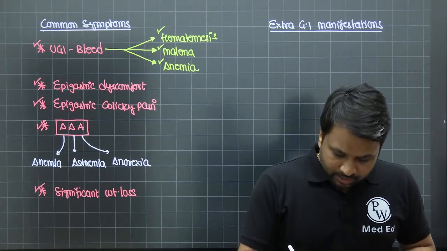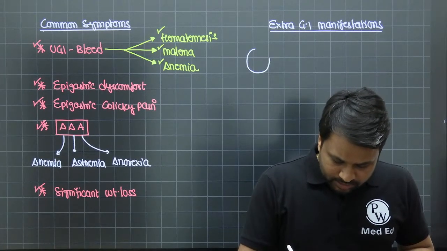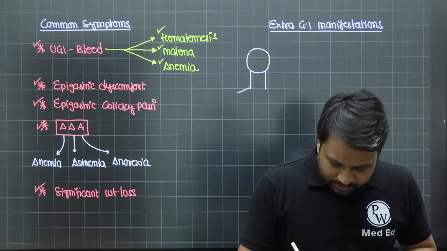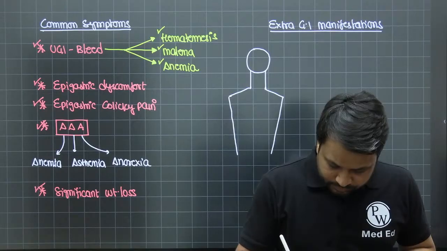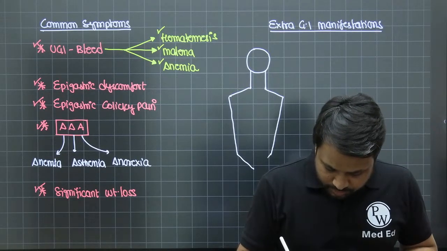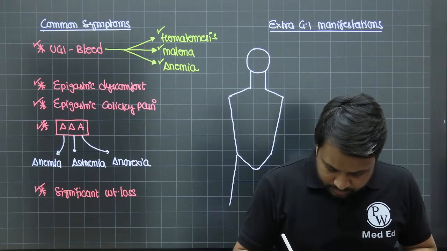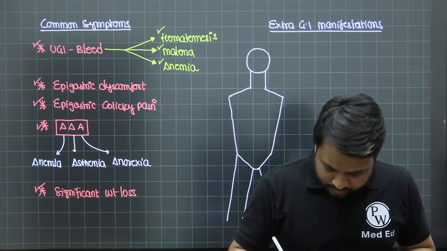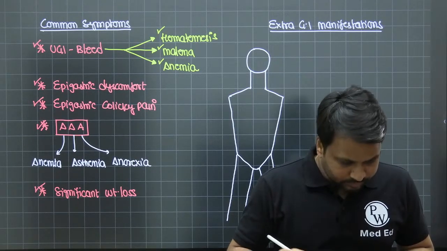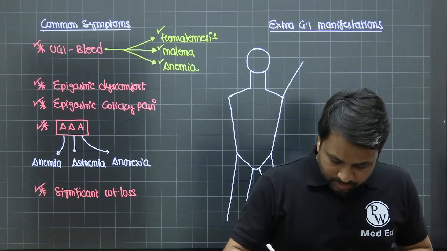Now, imagine this is the patient: this is the head, this is the trunk, this is the groin, this is the upper limb.